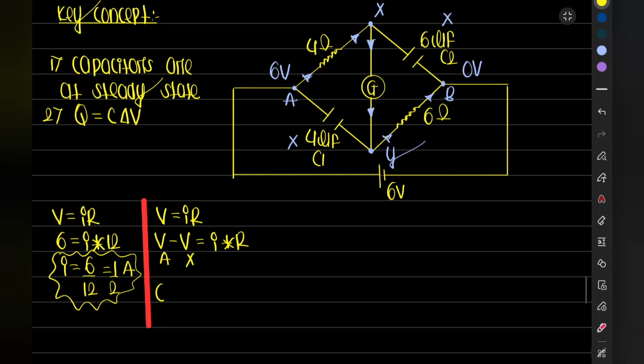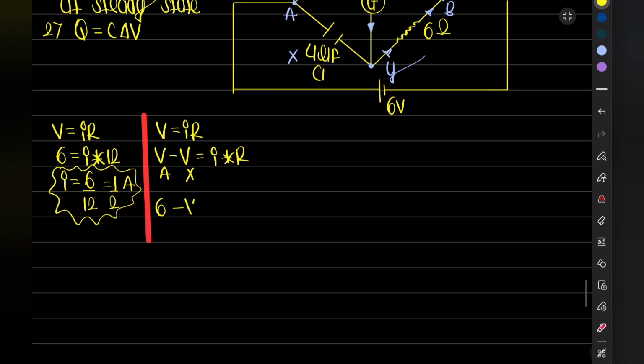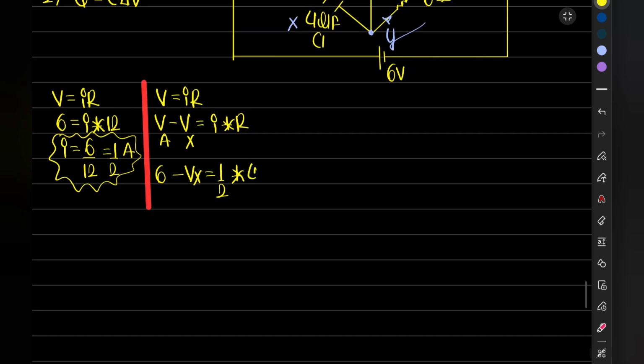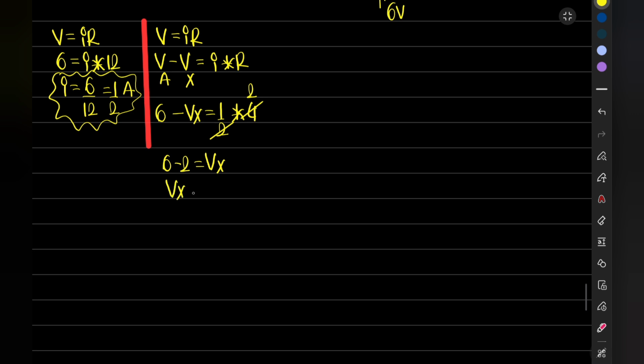Potential at A is 6, current is 1 by 2, and resistance is 4. So 2 twos are 4, and Vx will be 6 minus 2. So the potential at X will be 4 volt.